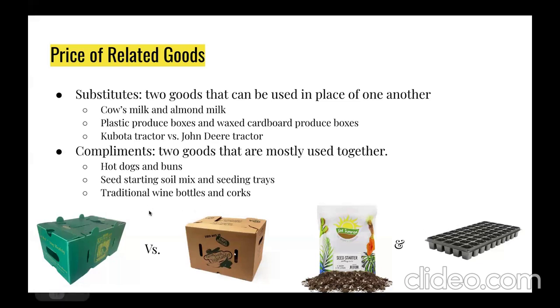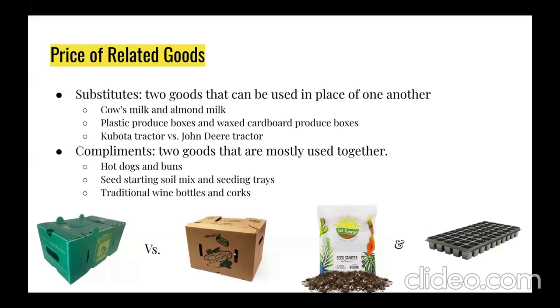So the demand for threaded wine bottles goes up. The demand for traditional wine bottles goes down. So the demand for corks and the demand for traditional bottles is direct. As the demand for corks goes down, the demand for traditional bottles goes down. The relationship between the twist-on caps and the threaded wine bottles is also direct.